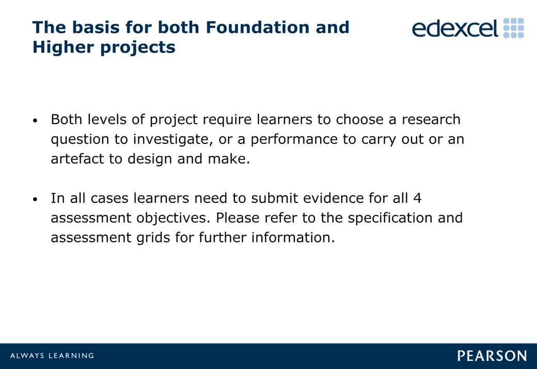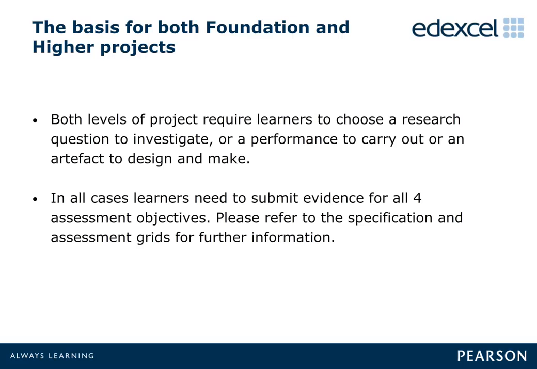Or the outcome can be a performance that the learner carries out, or directs, or orchestrates, or a learner may choose to design an artifact. In all cases, the learner must show that they have researched the subject matter. Assessors are advised to read the assessment grid for the relevant level of project in order to clarify the information needed for successful projects for all outcomes.